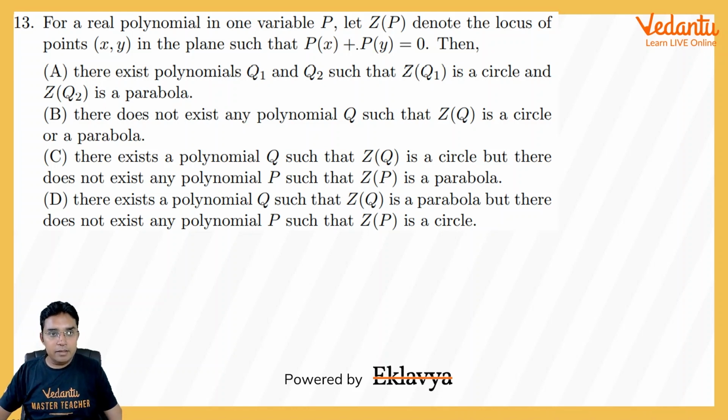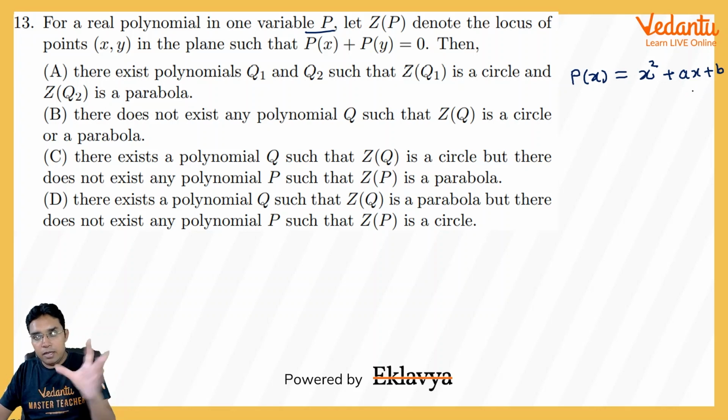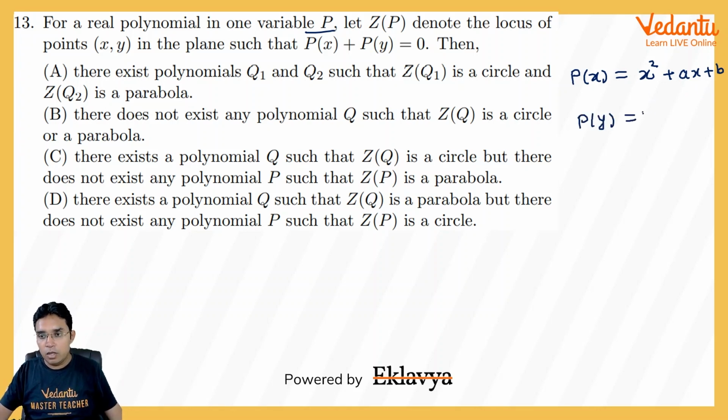What they are saying, just to understand, suppose my Zp is a real polynomial in one variable. Let me take p(x) as a quadratic, just one simple quadratic, x square plus ax plus b. I could have taken leading coefficient also, but I have taken leading coefficient as 1. Then this p(y) has to become equal to y square plus ay plus b.